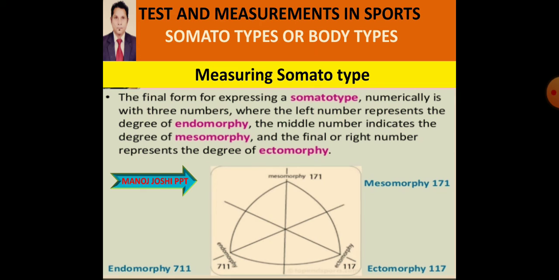So that's why the rating is given: endomorphy 711, mesomorphy 171, and ectomorphy 117.